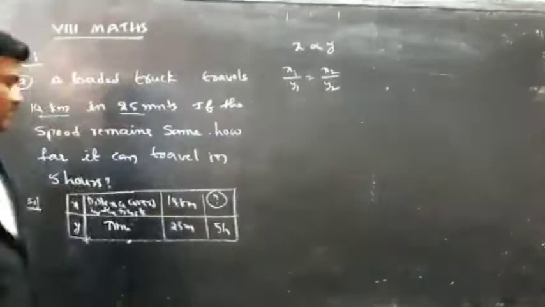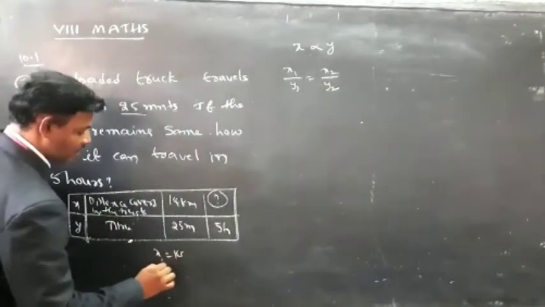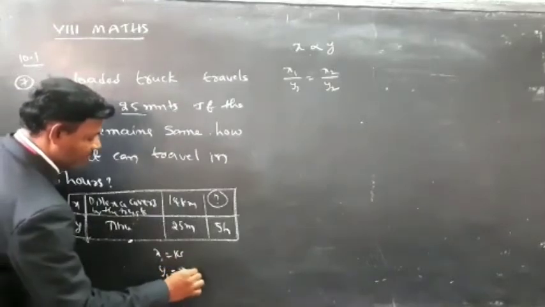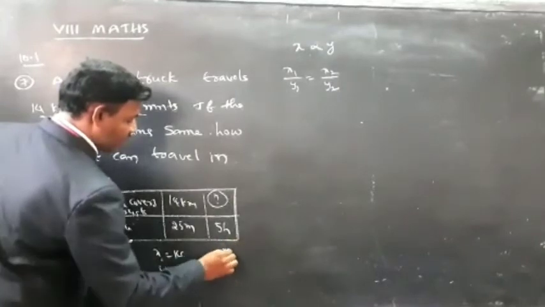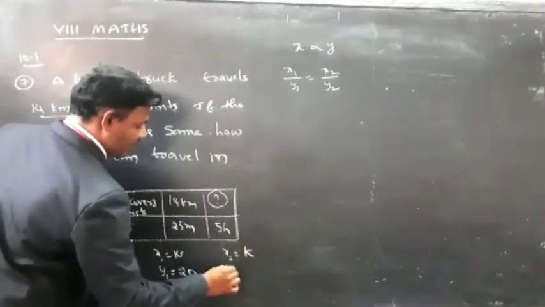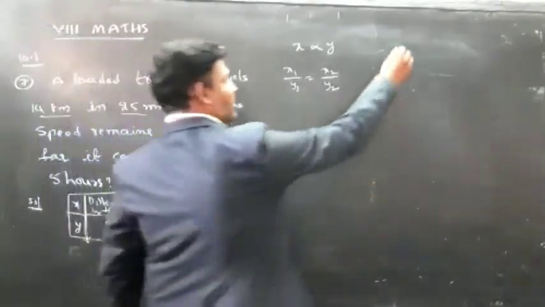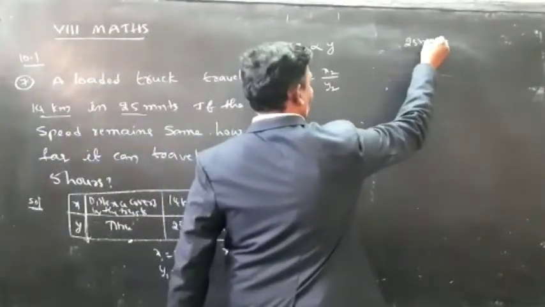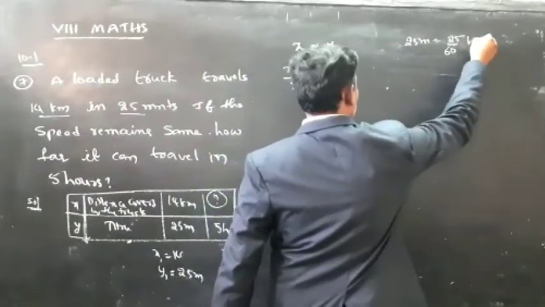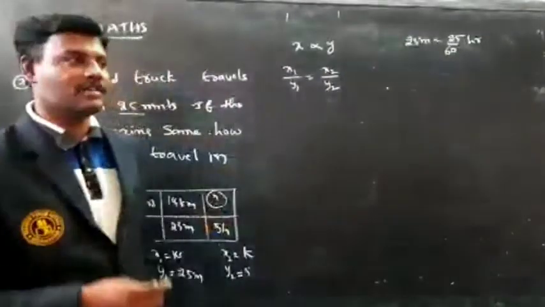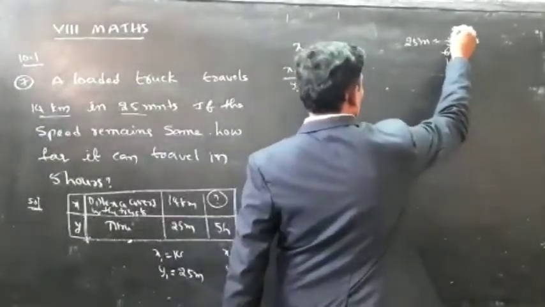Here I am taking x1 as 14 and y1 as 25 minutes. Then x2 is unknown, let that be k, and y2 is 5 hours. Here one change: 25 minutes we can write as 25 by 60 hours, so I am converting minutes to hours. Any cancellation here? 5 ones are 5, 5 twos are 10, 5 twelves are 60.